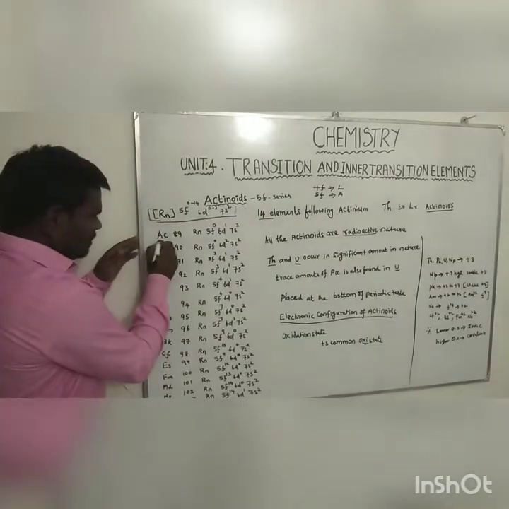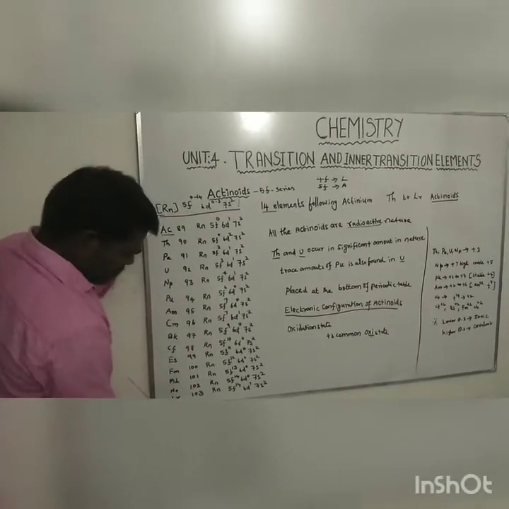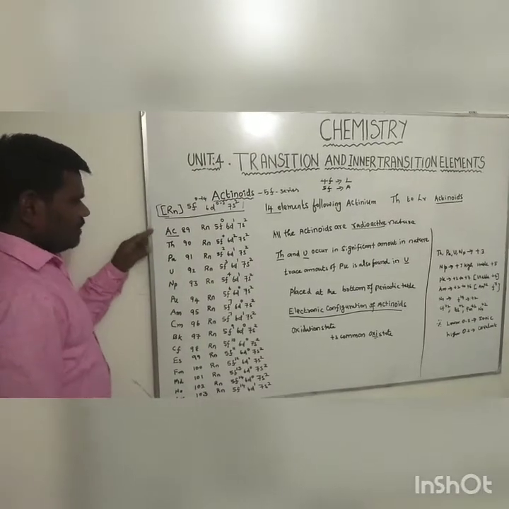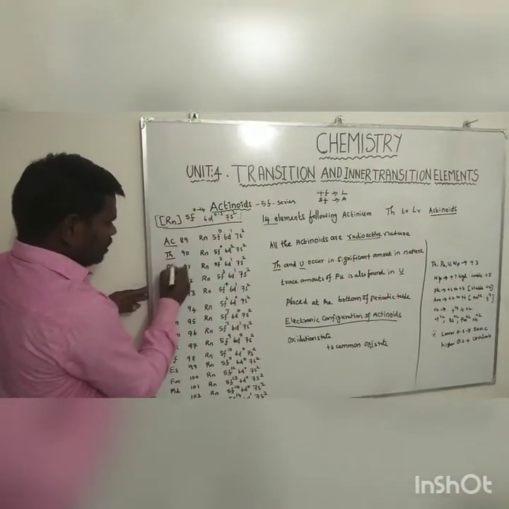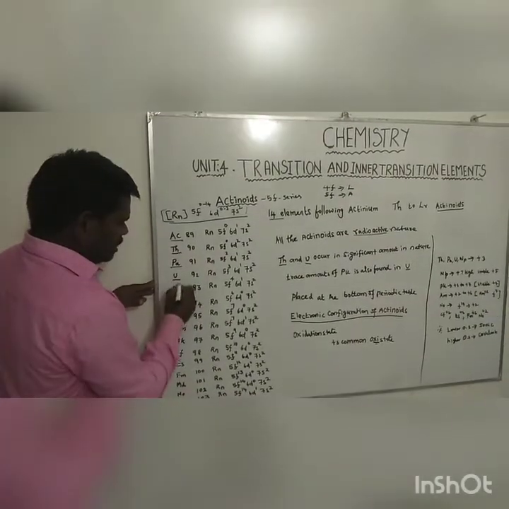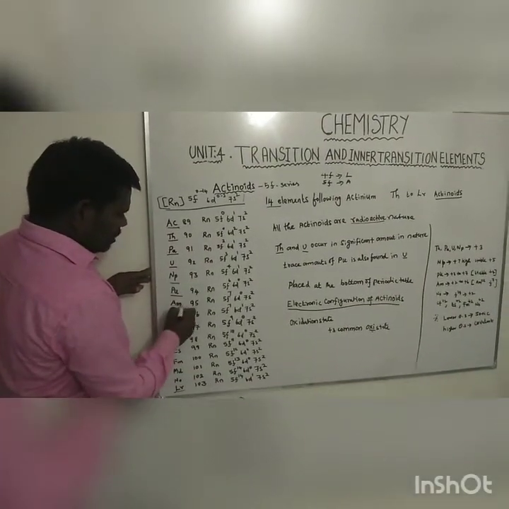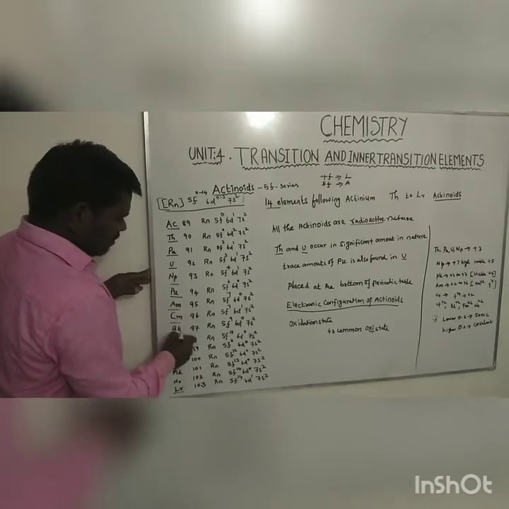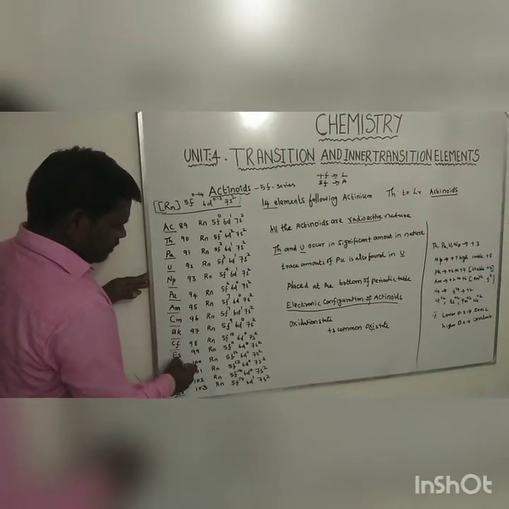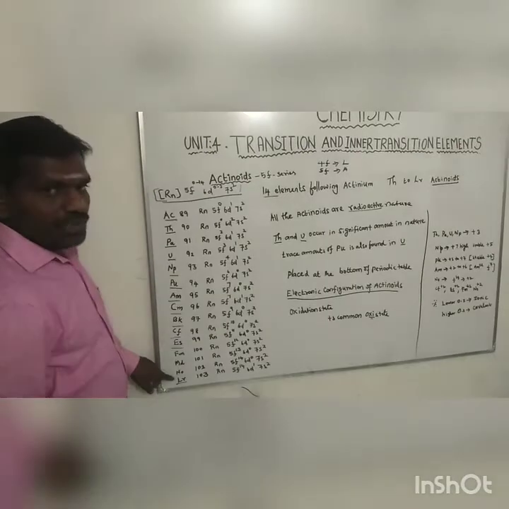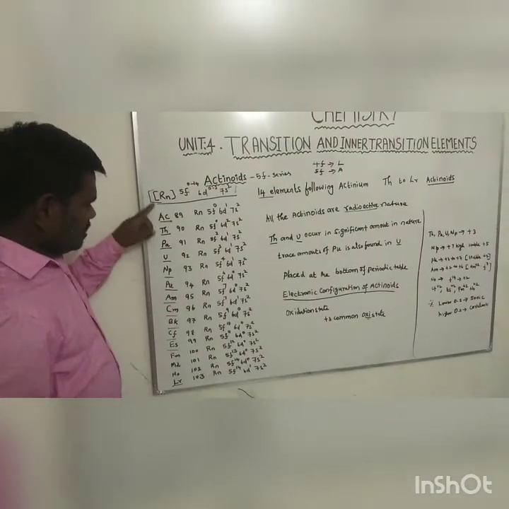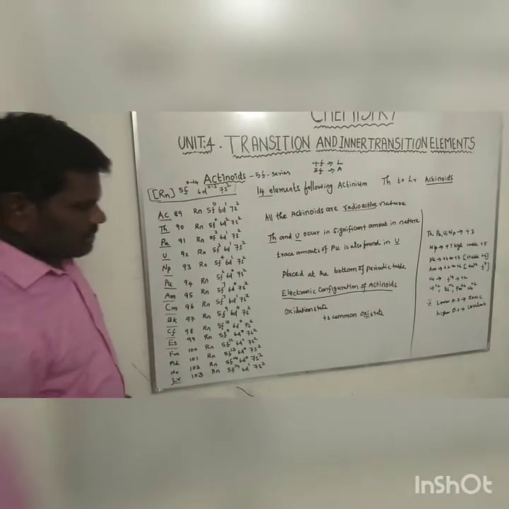From actinium to lawrencium, there are 15 elements in the series: actinium, thorium, protactinium, uranium, neptunium, plutonium, americium, curium, berkelium, californium, einsteinium, fermium, mendelevium, nobelium, lawrencium. These are the actinide series.